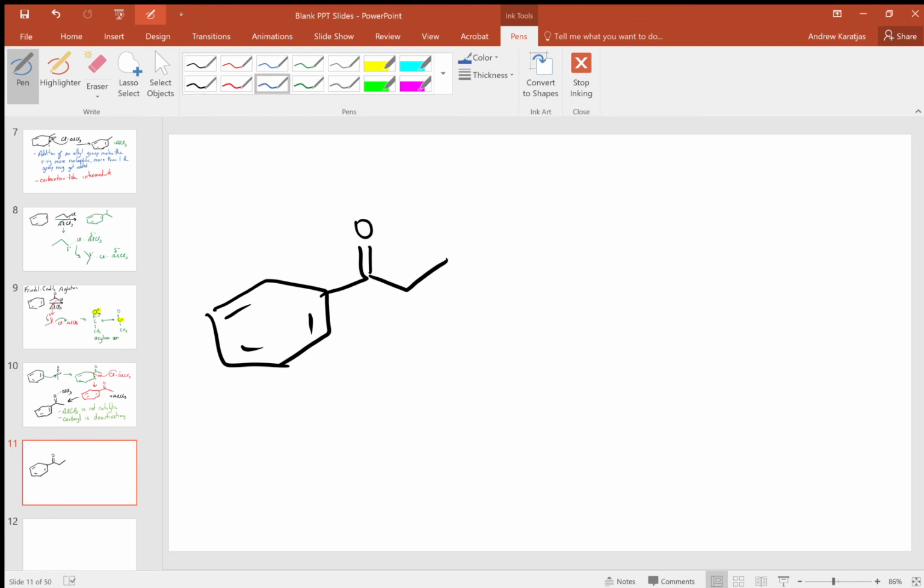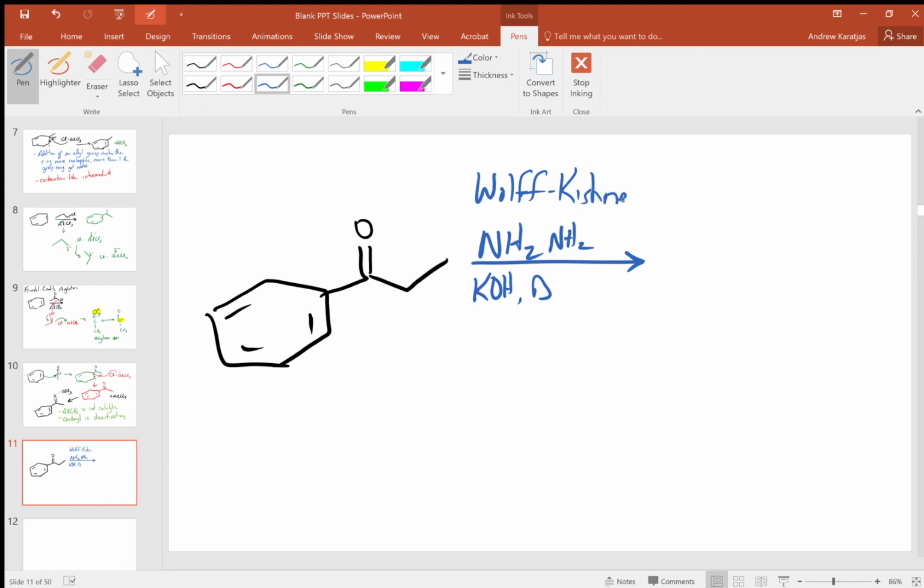Well, there's a couple things we could do. One is a reaction we have already learned, which is to use hydrazine and base at high temperature. Hopefully you recall this is the Wolff-Kishner reaction. And that allows us to remove the carbonyl, replace it with a pair of hydrogens.